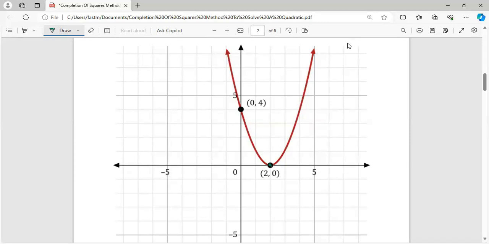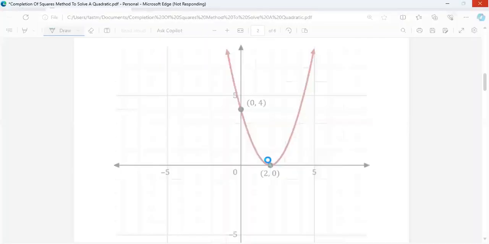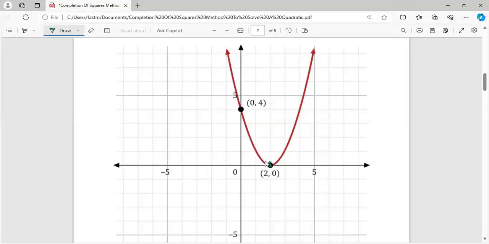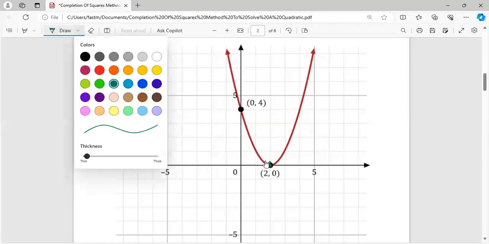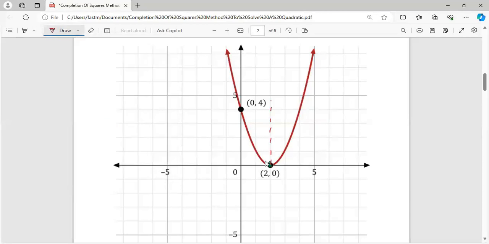And if you look at it, the minimum point is (2, 0). So that means the h, which is the axis of symmetry, is 2. If I drew the axis of symmetry, it will look like this. Remember it is a line that just cuts the graph in half.